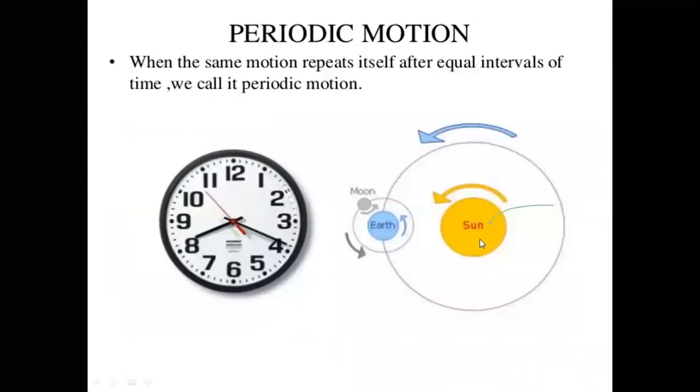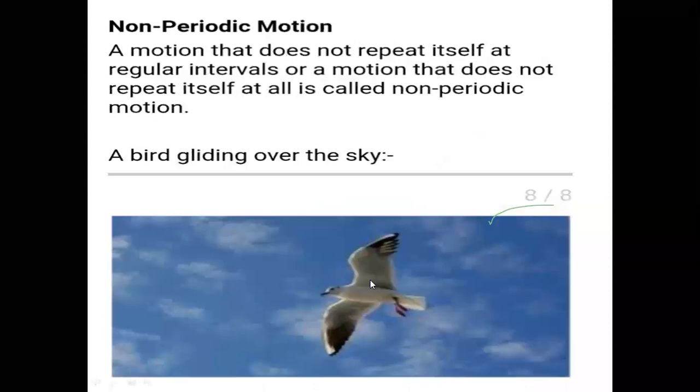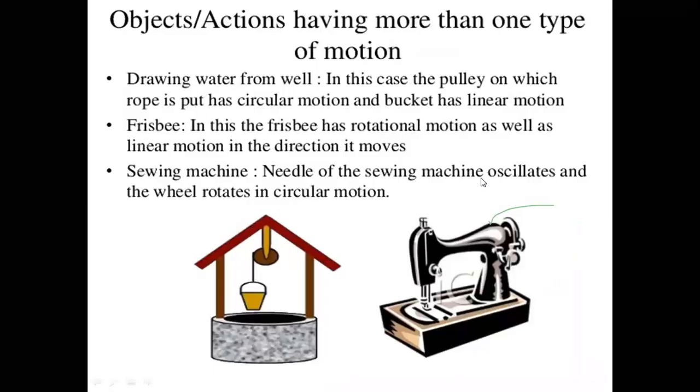Periodic motion is motion which repeats itself after equal intervals of time. Non-periodic motion does not repeat itself, like a bird gliding over the sky, which does not repeat after a fixed interval of time. Objects and actions can have more than one type of motion.